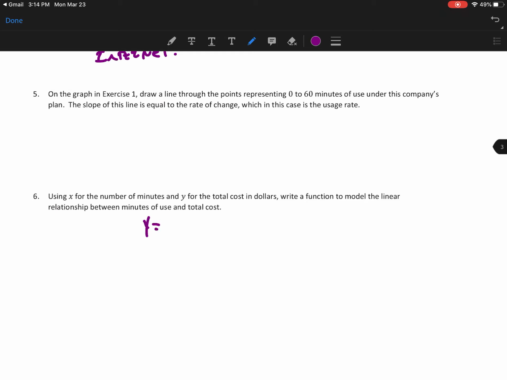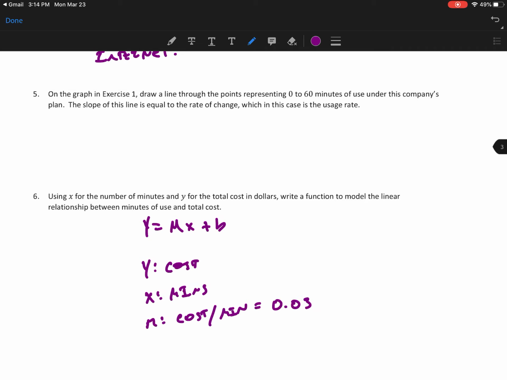We're going to use the format of y equals mx plus b, where y is cost, x is minutes, m is cost per minute. In this situation, it's 3 cents. And b, okay, we know from our graph and our table that is 10 cents.